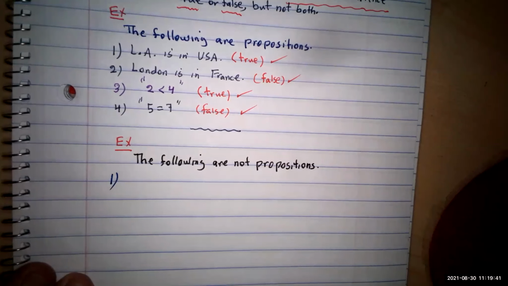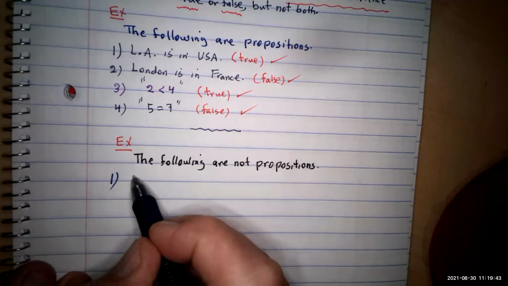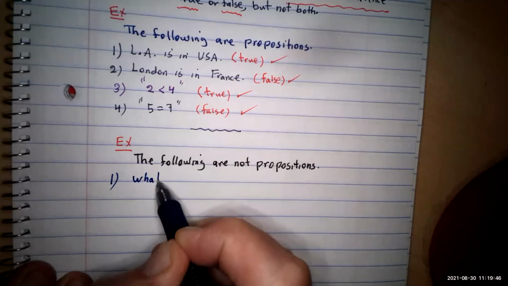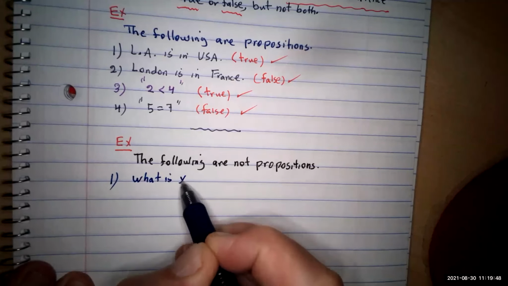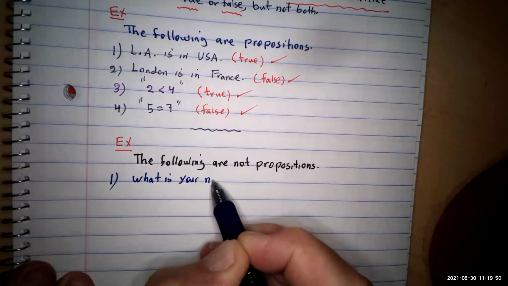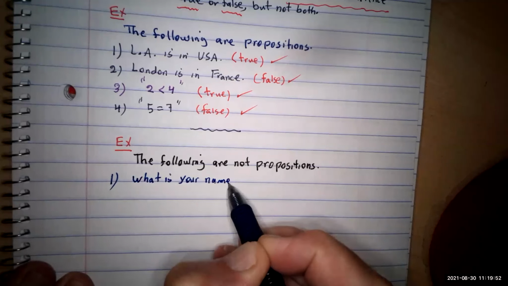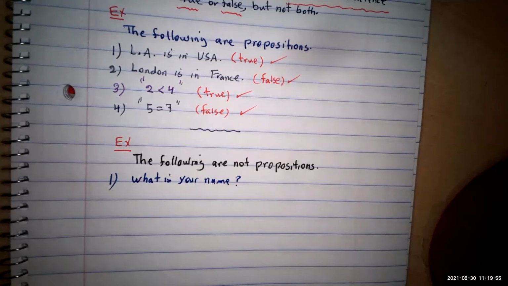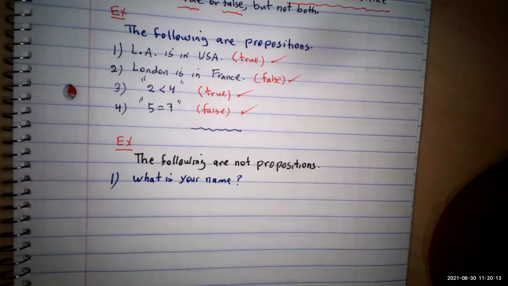The first one is this statement: What's your name? You see, this is a statement, but it's not something that gives you news which is true or false. It's just a question. There is nothing that you can consider to be true or false, so this is not a proposition.